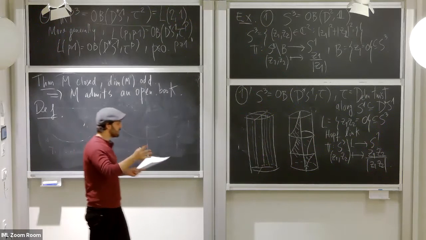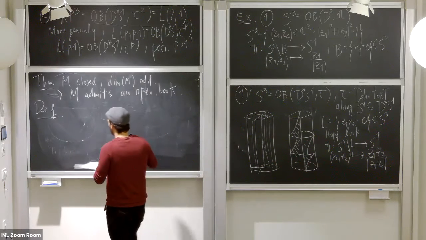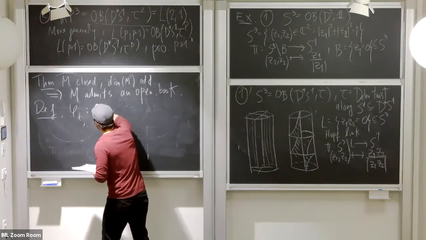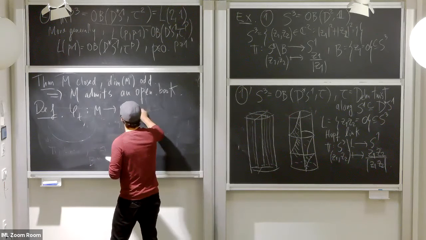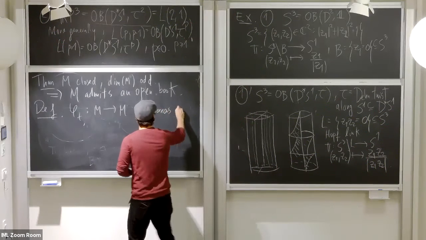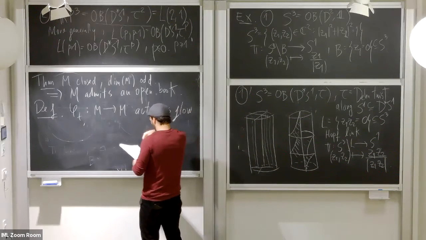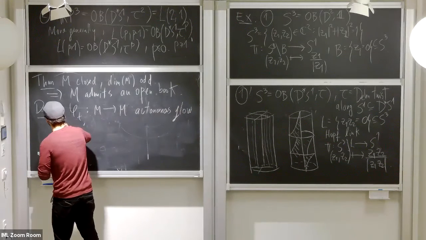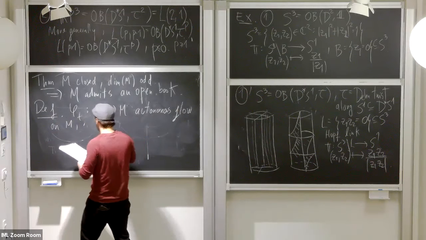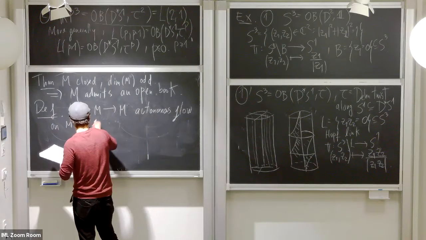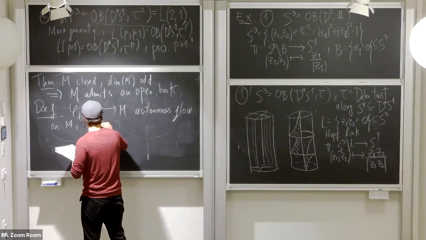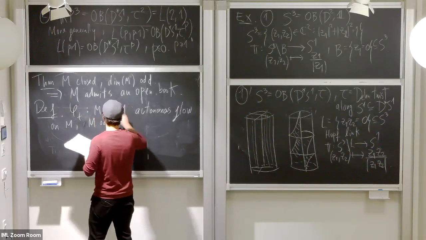So far the discussion has been smooth or topological, but now if you give me a dynamical system, so if you give me an autonomous flow on M, let's say that the dimension of M is odd, so that the above theorem applies.